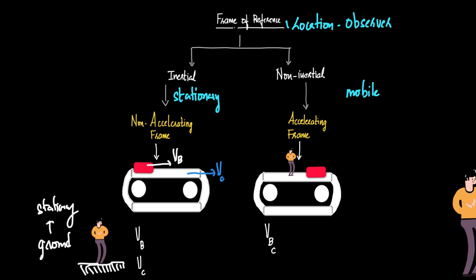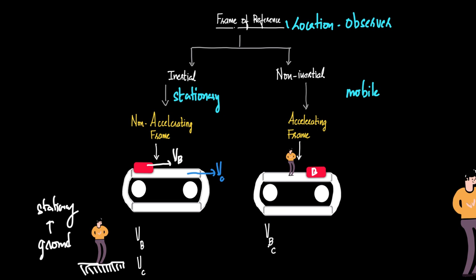So here the velocity that we measure is the velocity of the bag with respect to the conveyor. Here the person is observing two different velocities, one that of the bag Vb and the other that of the conveyor belt Vc. Whereas here the person is observing the bag, but where is he standing? He is standing on the conveyor. Therefore, this velocity becomes the velocity of the bag with respect to the conveyor.